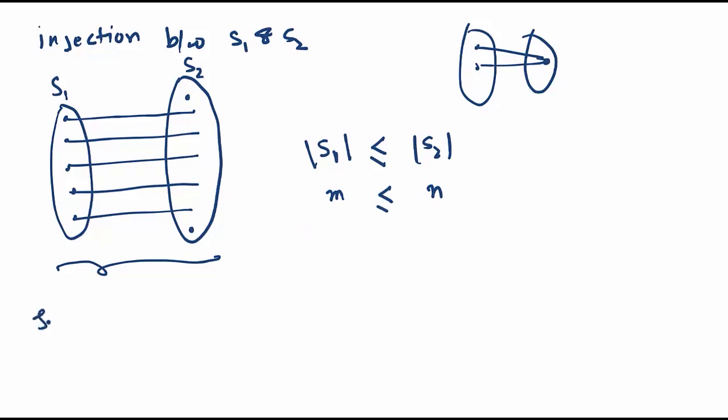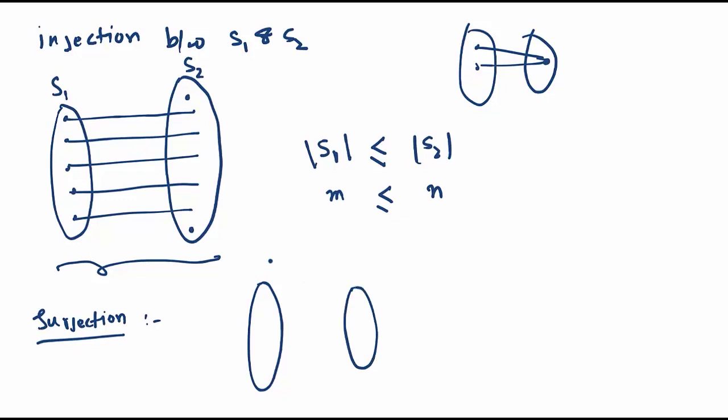And what about surjection? In surjection, we say that no element of S2 should be left out. Let's suppose this is S1 with M elements and this is S2 with N elements, then every element of S2 should relate to some element in S1.